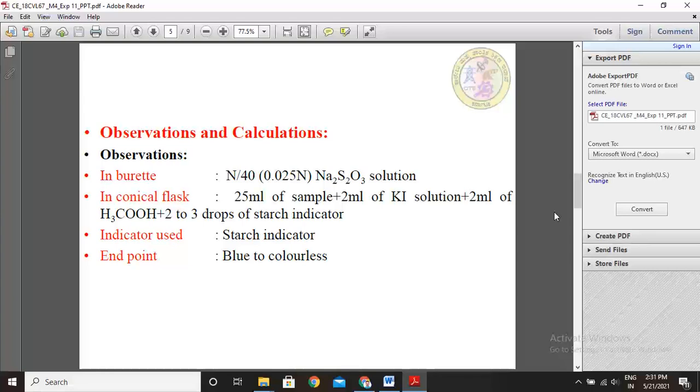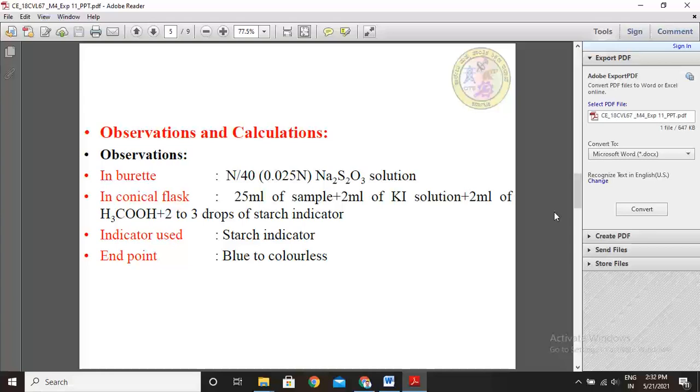So see here how to write the observations. First is in the burette. In the burette, which reagent is required to be filled? N by 40 normality, that is 0.025 normality sodium thiosulfate solution is filled.